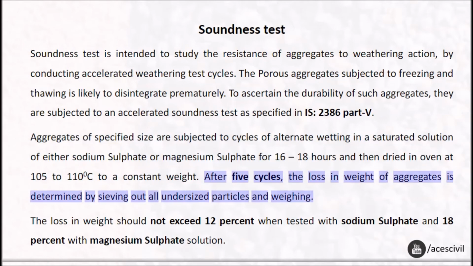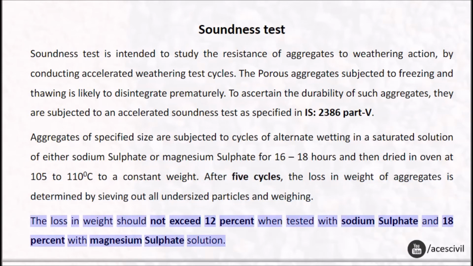After 5 cycles, the loss in weight of aggregates is determined by sieving out all undersized particles and weighing. The loss in weight should not exceed 12% when tested with sodium sulfate and 18% with magnesium sulfate solution.